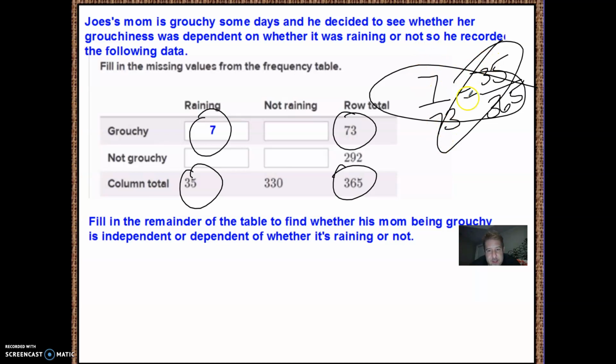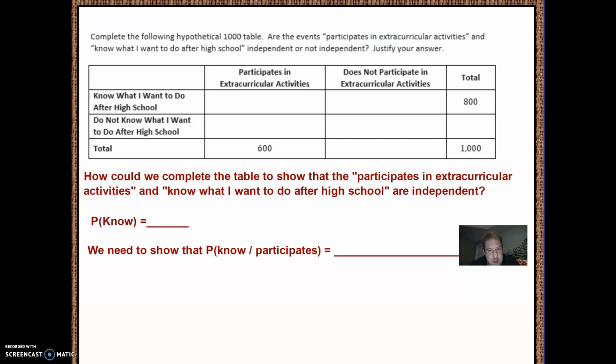And if this ends up being the exact same as this, then you know that this is equal to each other. 7 times 365 is 2,555. 73 times 35 is also 2,555. So these are independent events. So whether or not it's raining outside has nothing to do with whether or not she is grouchy.